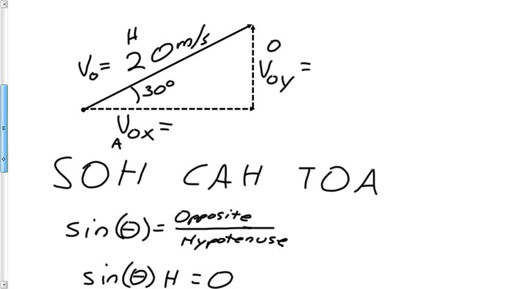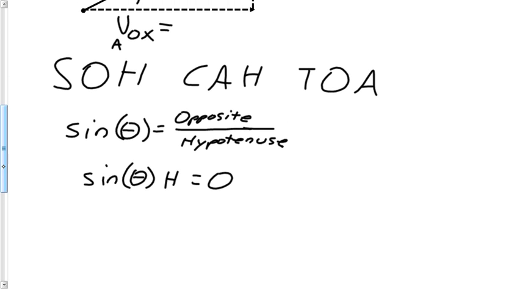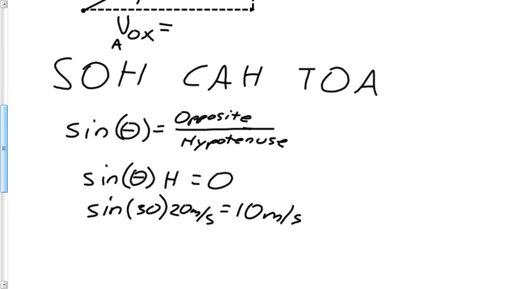So the last thing I need to do is this: the sine of 30 degrees times the 20 meters per second is equal to some value, and if you plug that in, you would actually get 10 meters per second. If you put that into your calculator, you get 10 meters per second.